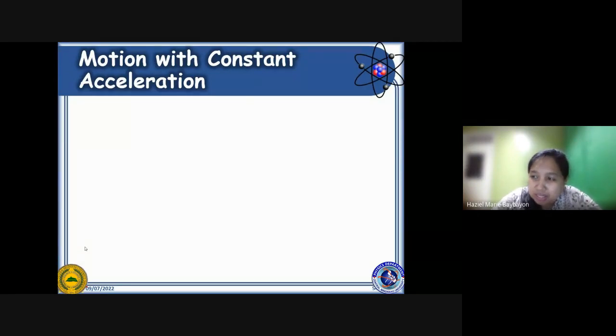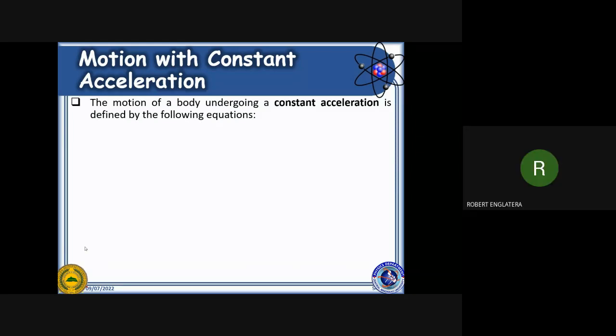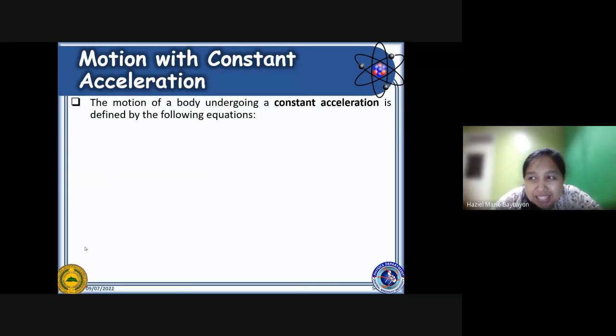So how do you describe a motion that undergoes constant acceleration? Okay, first, unsa kaha ang zero ang acceleration sa imong object class nga nag-move? Kung constant ang velocity. Okay, so kung constant ang velocity, that means zero ang acceleration.